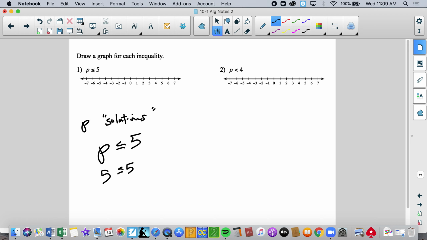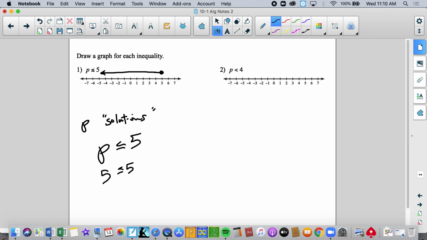Is 6 less than 5? No, so 6 is not a solution. How about 4? Is 4 less than 5? Yeah, it's less than. So all these values are going to be that way. And we have a closed circle here because we want to include the number 5.